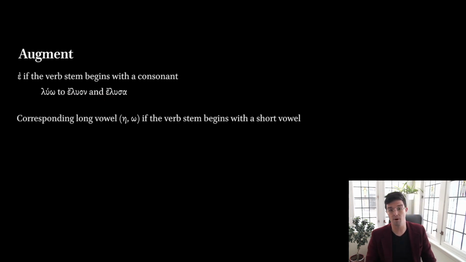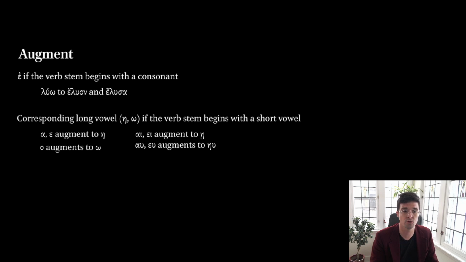The second form of the augment is a corresponding long vowel. So if you see a long vowel like eta or omega at the beginning of a verb, there's a good chance that it has been augmented from its corresponding short vowel. So if a verb stem begins with a short vowel, the augment of that verb will appear by a lengthening of the short vowel.